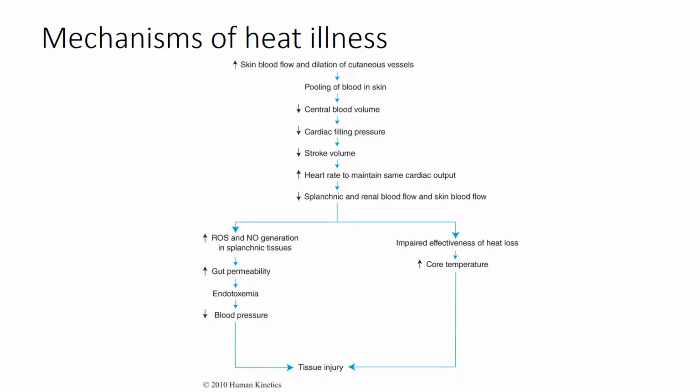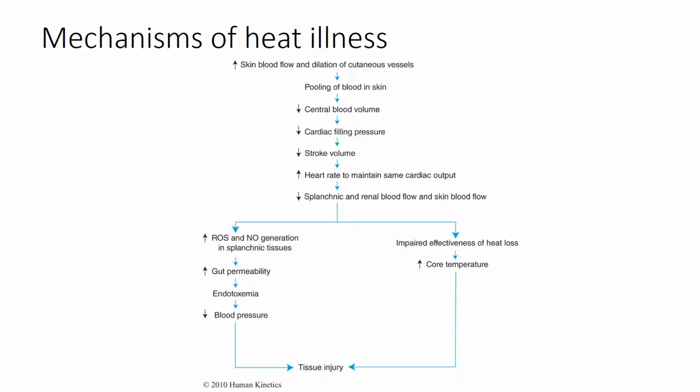Now, the other side that we get to in this class that we don't talk about in exercise physiology is we're going to increase our generation of reactive oxygen species and reactive nitrogen species inside of our intestines. This in turn is going to increase gut permeability.